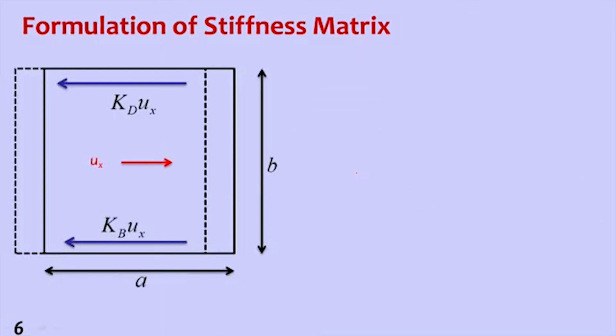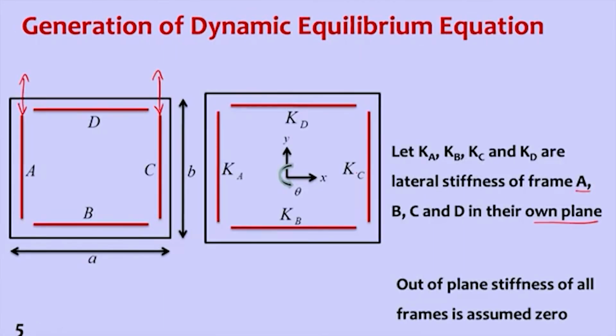Let's formulate the stiffness matrix. We have 3 degrees of freedom here, written at the center of mass. The first degree of freedom is ux, displacement along x, the second is uy, and the third is u theta.